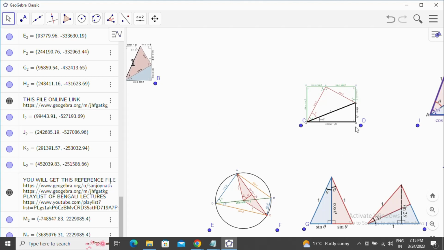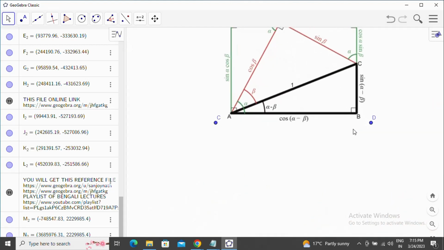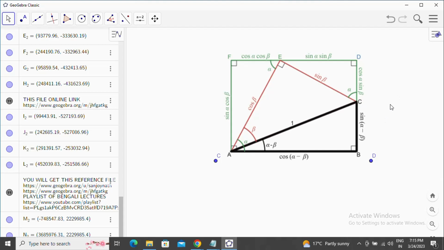Now come to this picture. Many times we have written several expressions of trigonometry where cos alpha cos beta plus sin alpha sin beta is equal to cos(alpha minus beta), because it is a part of the parallelogram, and cos(alpha minus beta) is proven here, where it is showing cos alpha cos beta plus sin alpha sin beta.